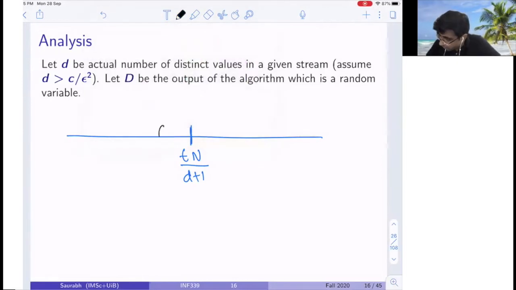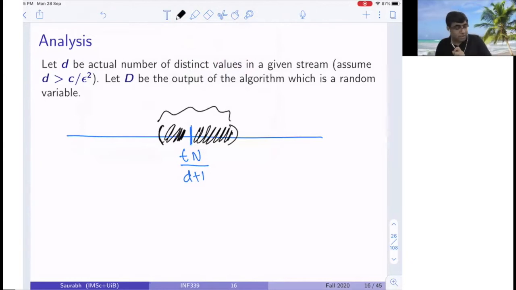Well, we go wrong because we needed to get values somewhere here, right? So why are we going wrong? So what are we returning? We return generally D plus 1, right? So this is going to be Tn by something smaller, right? So no, something bigger, because this is something smaller.